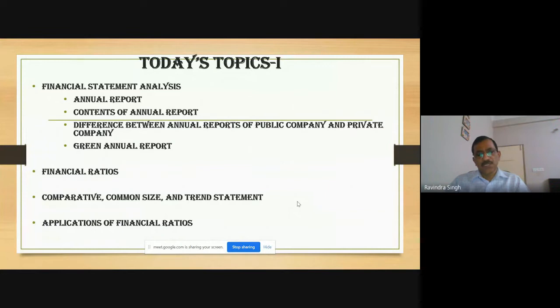Let us see where the difference between them is. What is their credential as of now and what is our credential. So where there is a need to change to get fruitful results of profit earning, we do that. In that, we look at the size and the trend. And then what are the applications of the financial statements. This will be covered in the first 45 to 50 minutes.